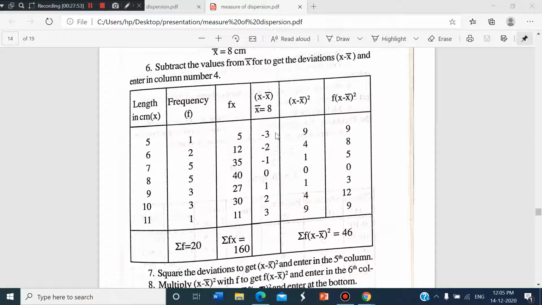What is the x value? 5. So 5 minus 8, answer is minus 3. 6 minus 8, minus 2. 7 minus 8, minus 1. 8 minus 8, 0. 9 minus 8, 1.